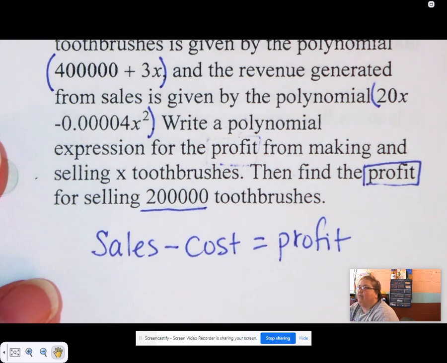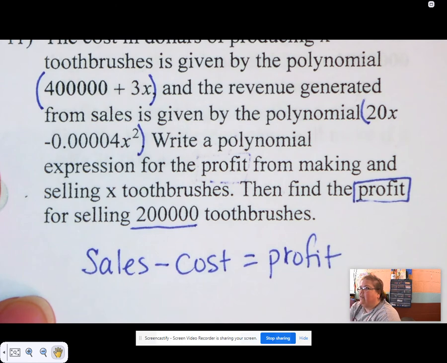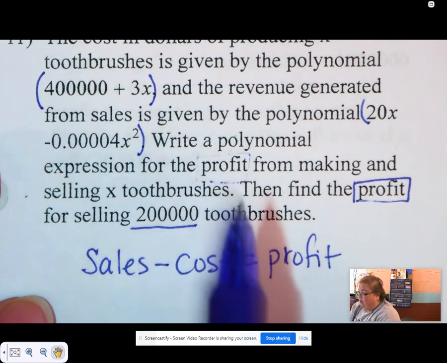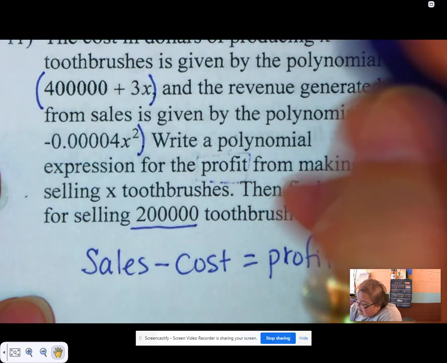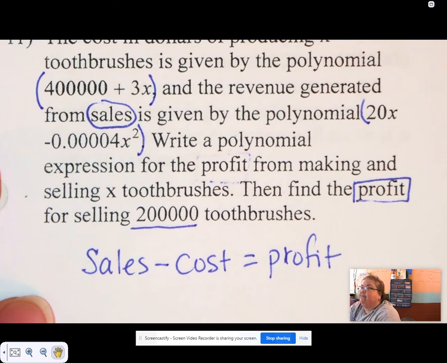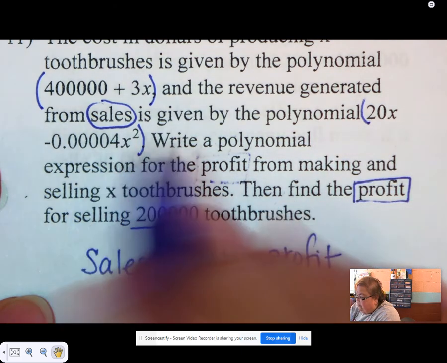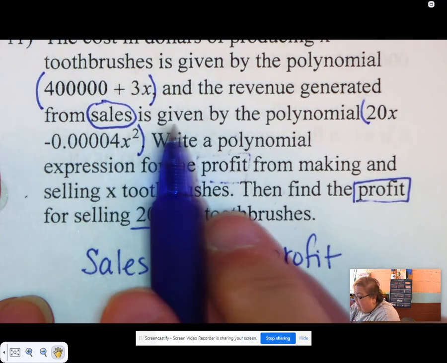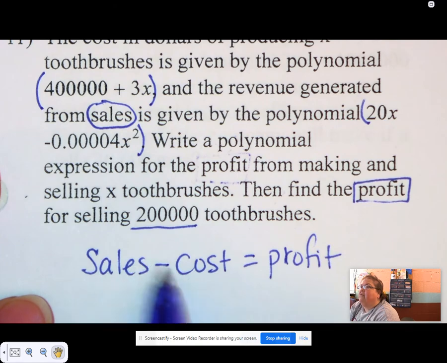Always in that order. Now, cost may not always be written in there. Sales may not always be written in there, but one of these words or a word that means those things will be in here so you know which one is which. In this case, we have sales. Sales is this polynomial. Sales minus cost.